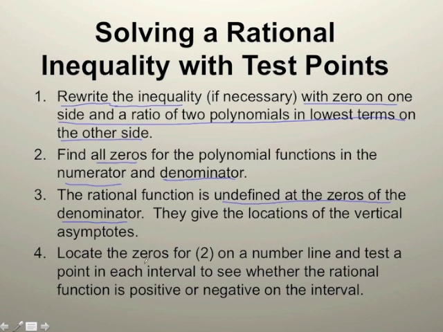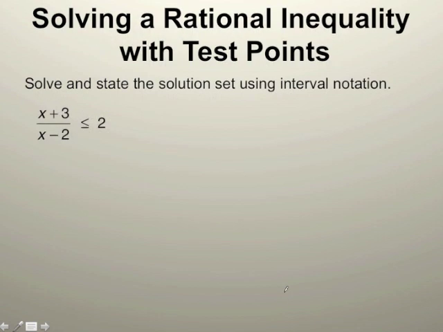And then you locate all the zeros from both the numerator and the denominator on a number line and test a point in each interval to see whether the rational function is positive or negative on that interval. Because you have it greater than or less than 0, we just have to worry about whether it's positive or negative.